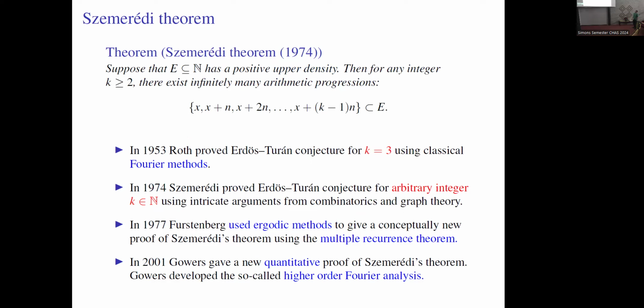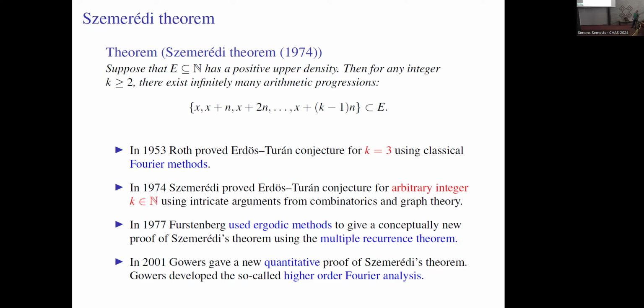And he used Fourier methods, in particular the circle method, to prove this theorem. He also, in some interesting sense, quantified this. In a moment, I will tell you in what sense this can be quantified.